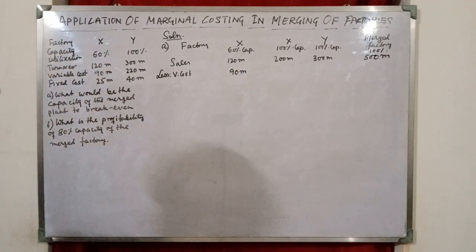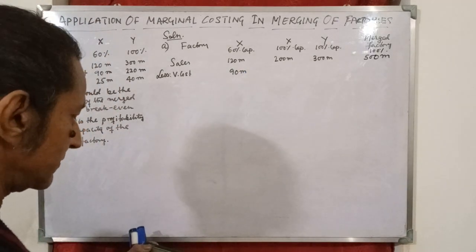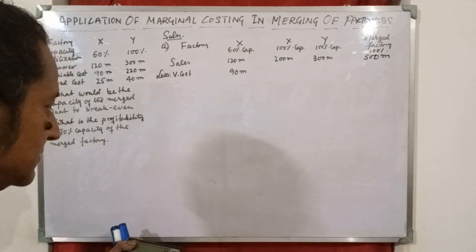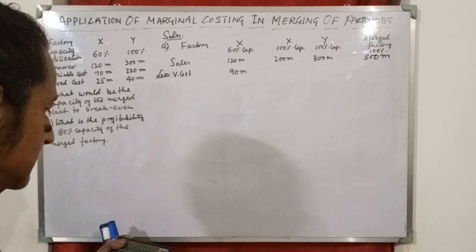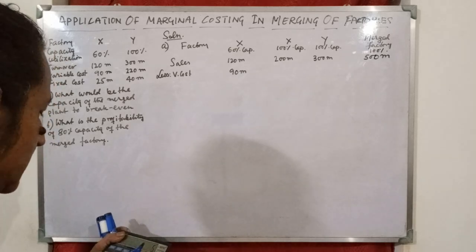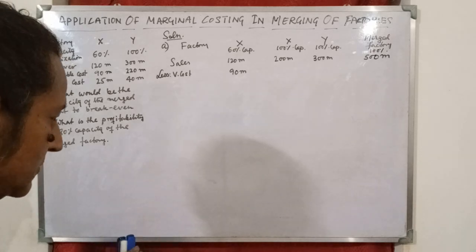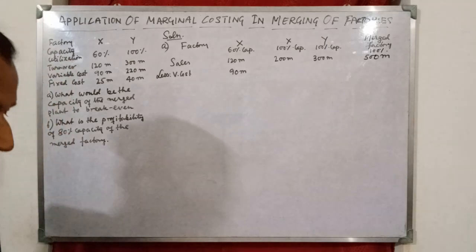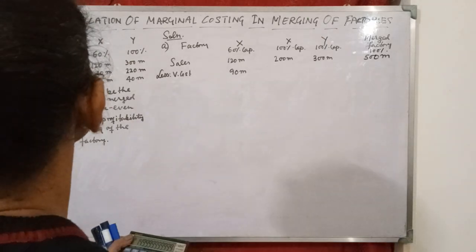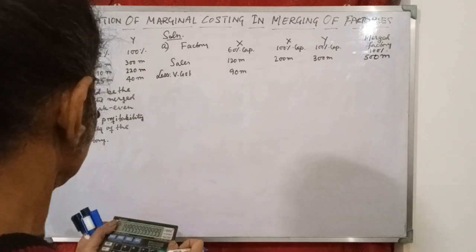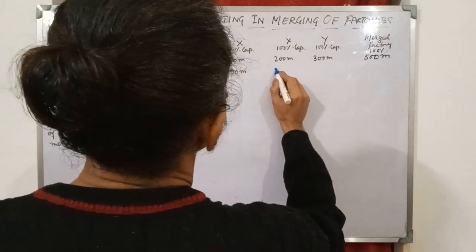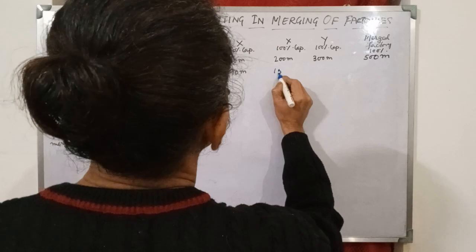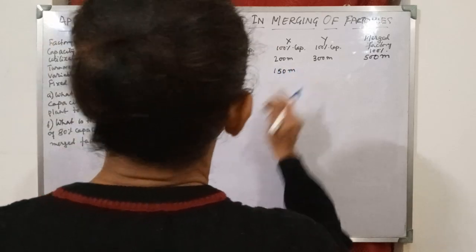This will be 100 divided by 60 into 90. So this gives 150 million, isn't it?